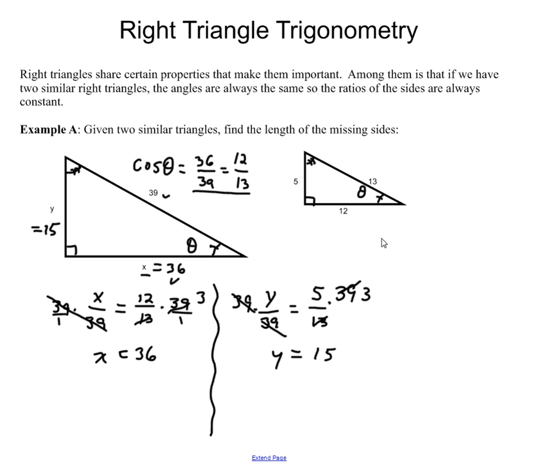Since this angle is the same, the sine of our angle theta is the ratio of the opposite side to its hypotenuse side. In this case, that would have been 5 over 13. But even if we took it from the larger triangle and took 15 over 39, we would still reduce to the ratio 5 over 13. So this ratio becomes a constant for every right triangle that contains that particular angle theta.